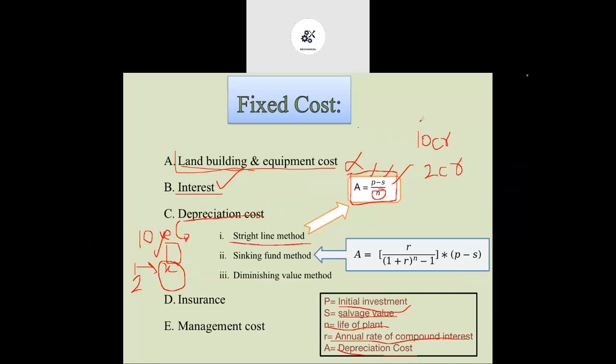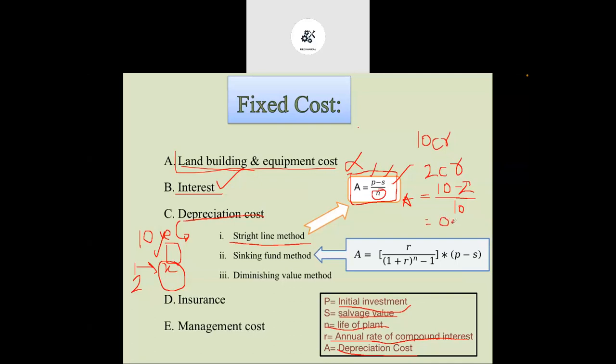So in that case, we can keep aside some amount every year, so that after 10 years we have 10 crores in our savings. For that, we can calculate the depreciation cost. That is, A is equal to the initial investment minus the salvage value, or scrap value, 10 minus 2, divided by the number of years, that is 10 years, the life of that power plant.